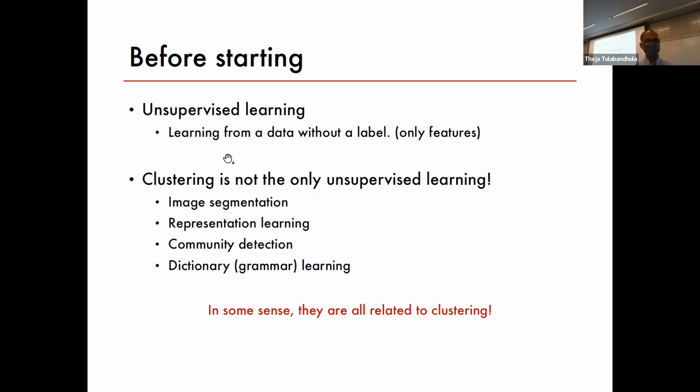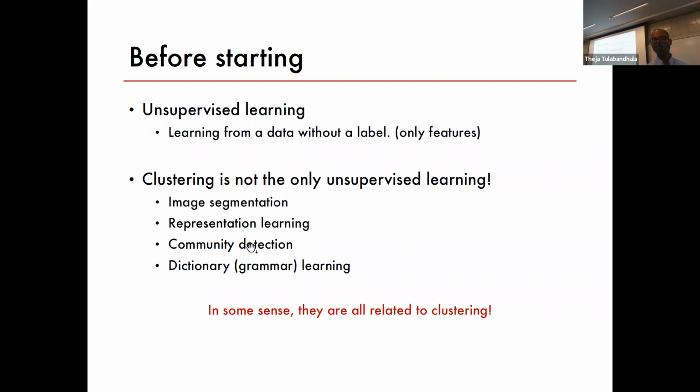Similarly, there's image segmentation, when you want to segment roads versus non-roads, or people versus not people. Representation learning, which is basically each word, for example, or each symbol can have a numeric representation. You can learn the representations without supervised data, without an x, y type of data. Okay.